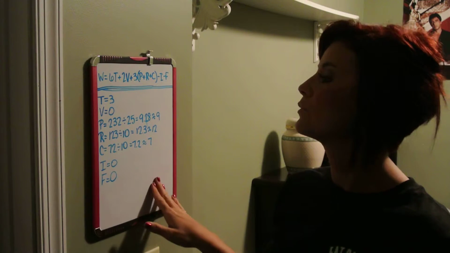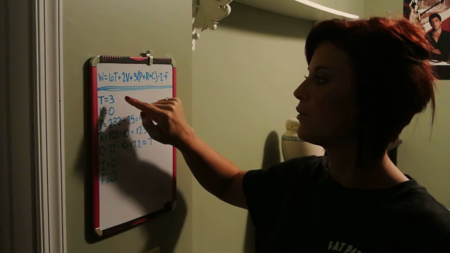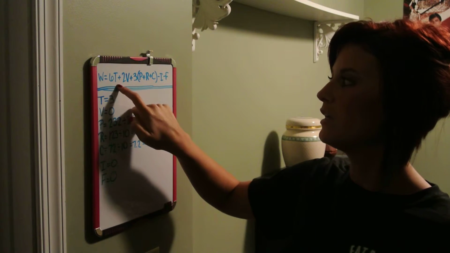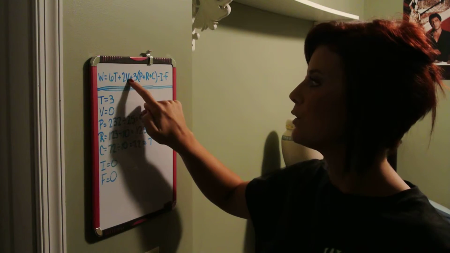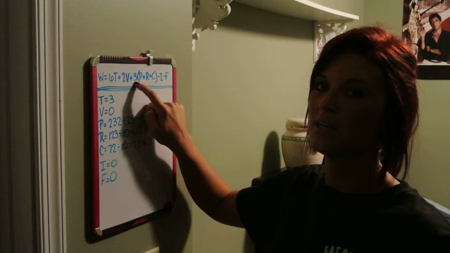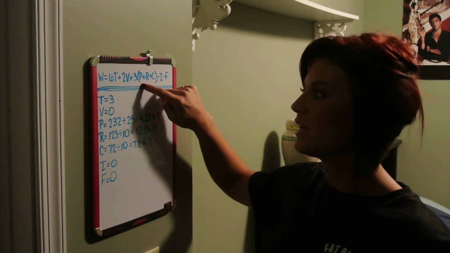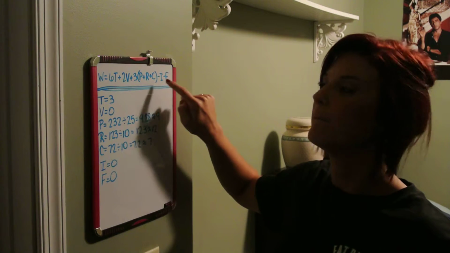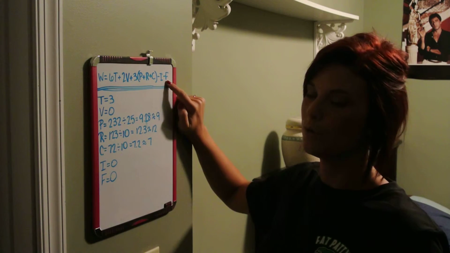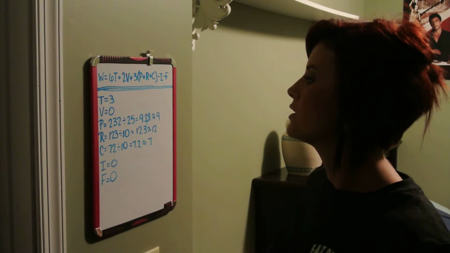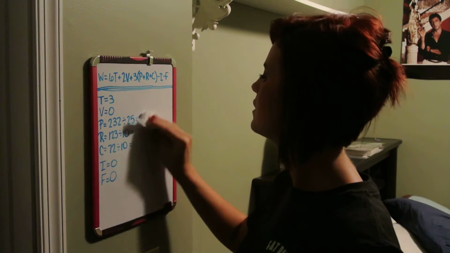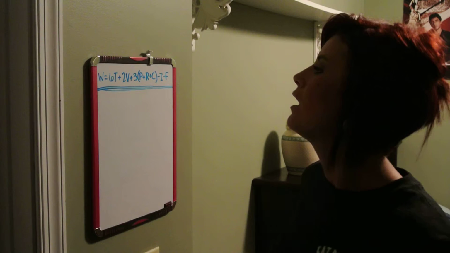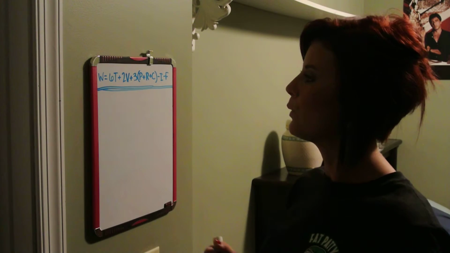So, just a little review. We're going to plug in your 3 for your T. So you have 6 times 3 plus 2 times 0 plus 3 times (9 plus 12 plus 7) minus 0 minus 0. So let's get rid of all of this, and we'll plug it in and see what we get.